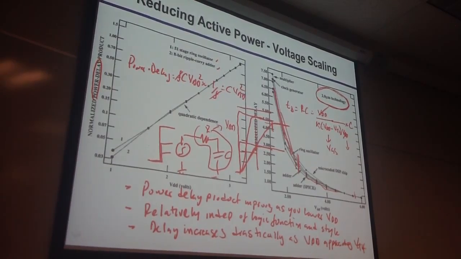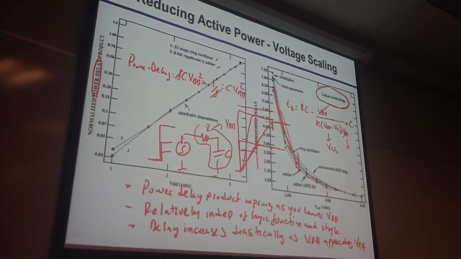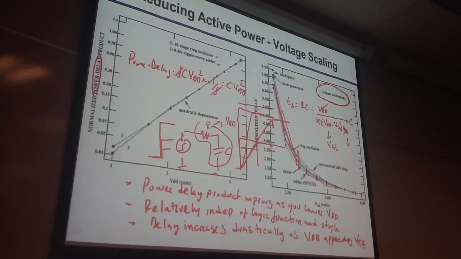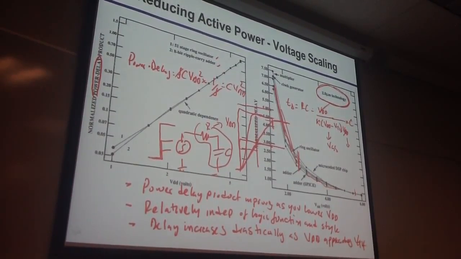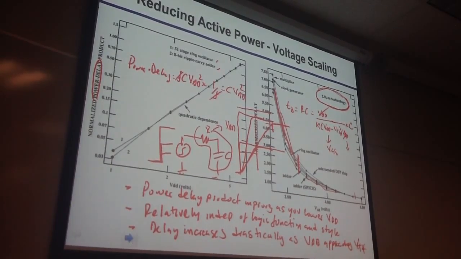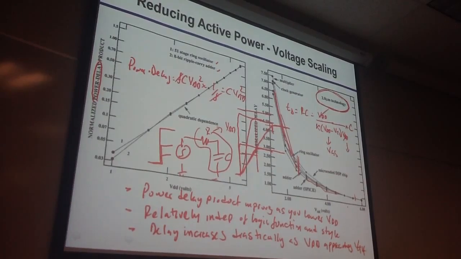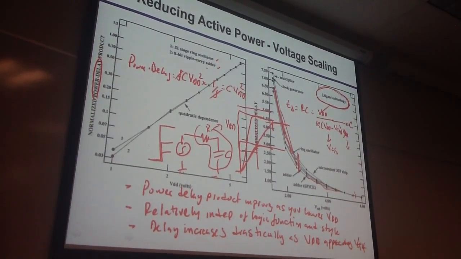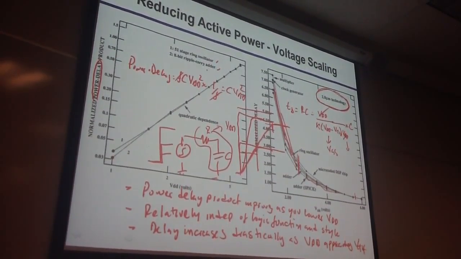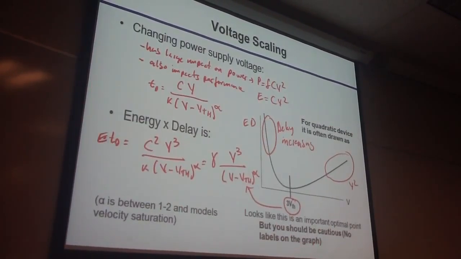If I increase it, delay decreases. But at the same time, if I increase it, energy shoots up, and so forth, right? So basically, there's a trade-off between performance and what? There's a trade-off between performance and energy. You can trade off speed versus energy.